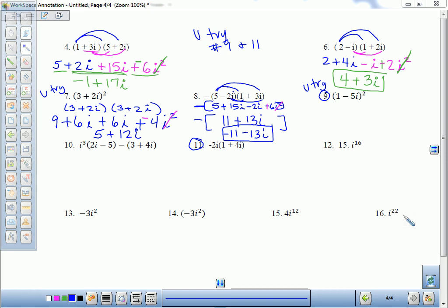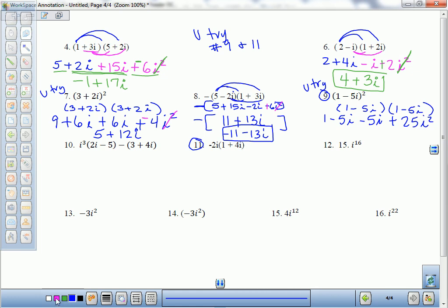Okay, let's take a look at these. So, number 9, did you remember that when you square it, you just write it out twice and then multiply through, distribute through. So when we distribute the 1, we get 1 minus 5i. When you distribute the negative 5i, you get negative 5i plus 25i squared.